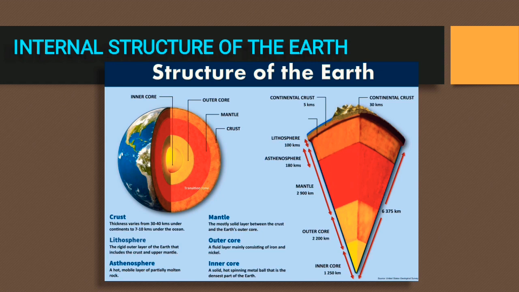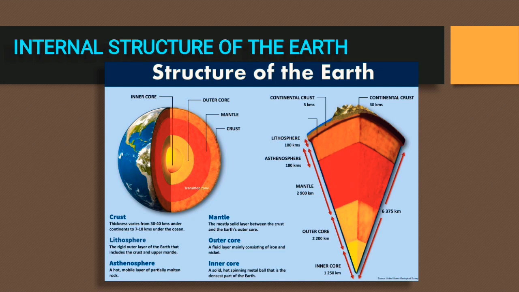Then, a highly viscous asthenosphere. It is a hot mobile layer of partially molten rock, and a solid mantle, which is mostly a solid layer between the crust and the Earth's outer core, a liquid outer core whose flow generates the Earth's magnetic field.